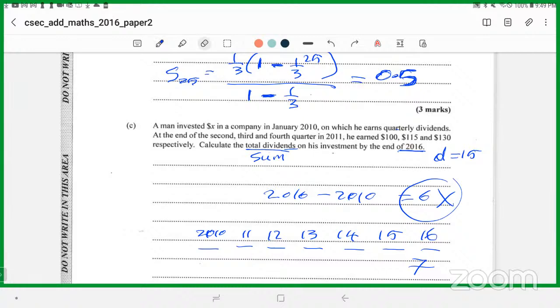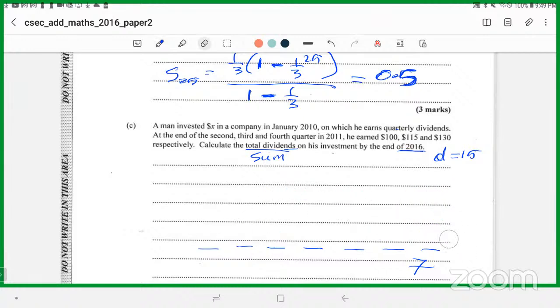So the number of years between 2010 and 2016 inclusive is 7 years, and each year had 4 quarters. So the number of terms we're talking about is 28. 7 years times 4 quarters, that's 28 payments. There's 28 terms. So the only thing missing right now is the a.